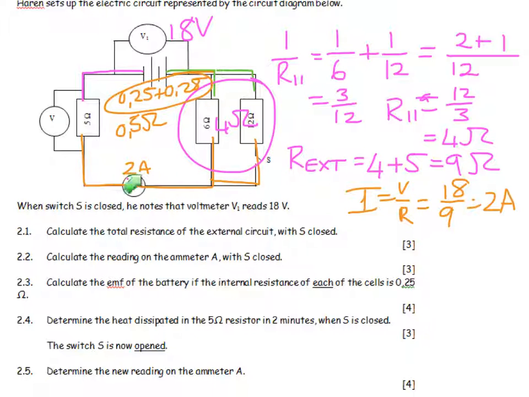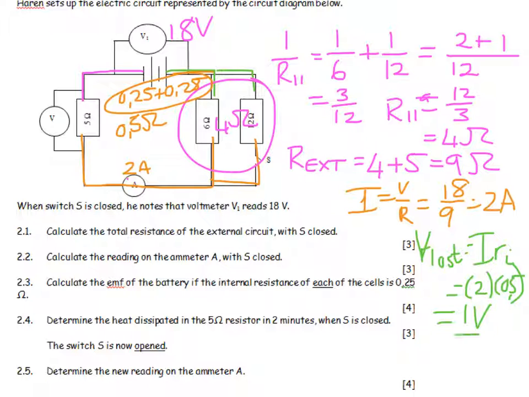So I know 2 amps is going to be going through the battery. If I now would like to calculate the lost volts, I can say V lost is equal to I, current, times the internal resistance.